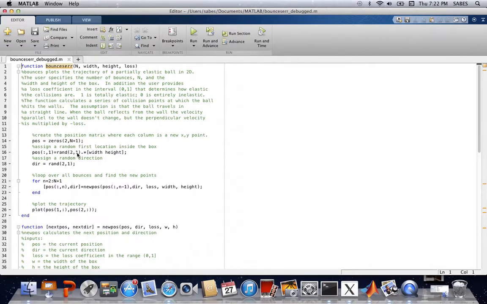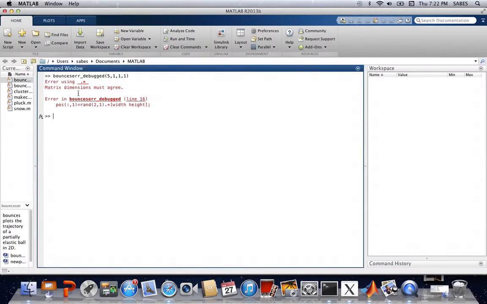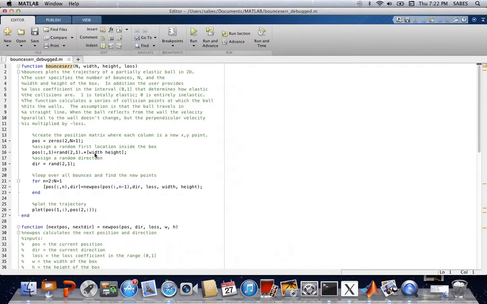It's a 2 by 1 matrix, and remember the message we got is about matrix dimensions must agree, so something is going on about dimensions. And we see that this width and height looks like a 1 by 2 matrix, that is 1 row and 2 columns, and we are trying to multiply a 2 by 1 matrix, and more importantly we are trying to do an array multiplication and not a matrix multiplication.